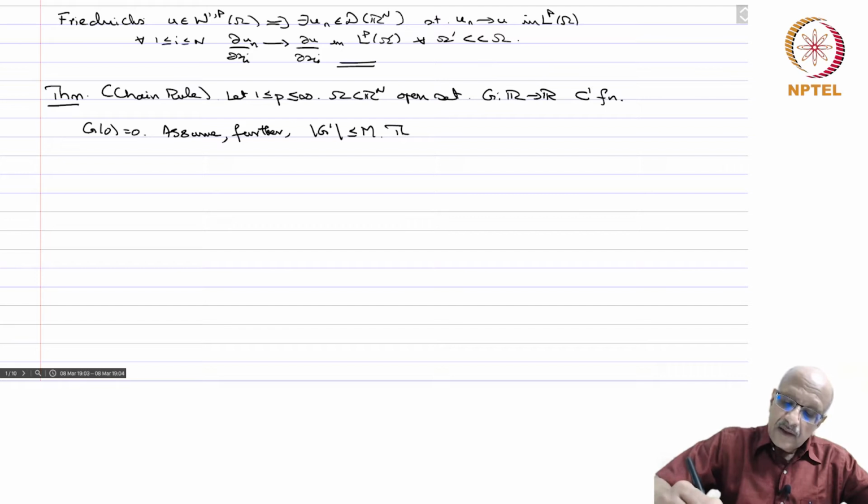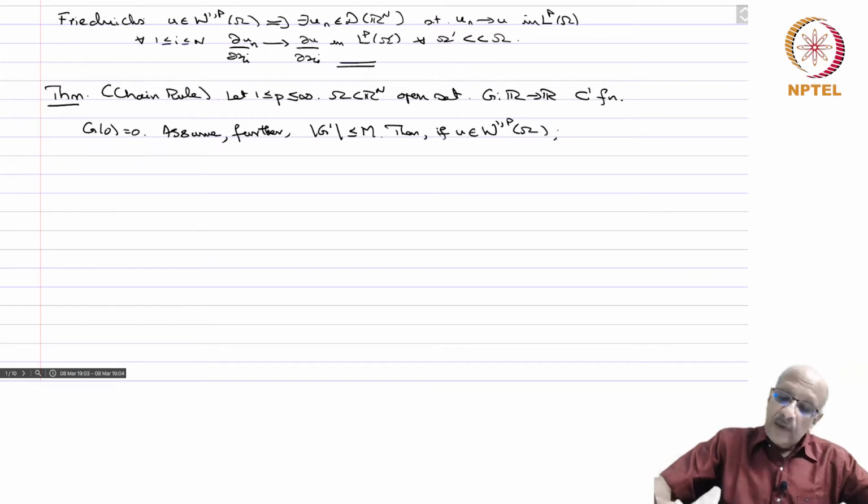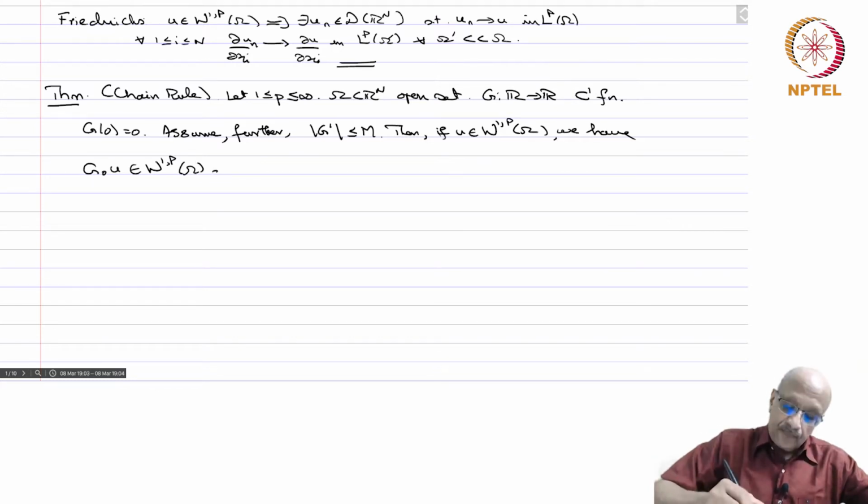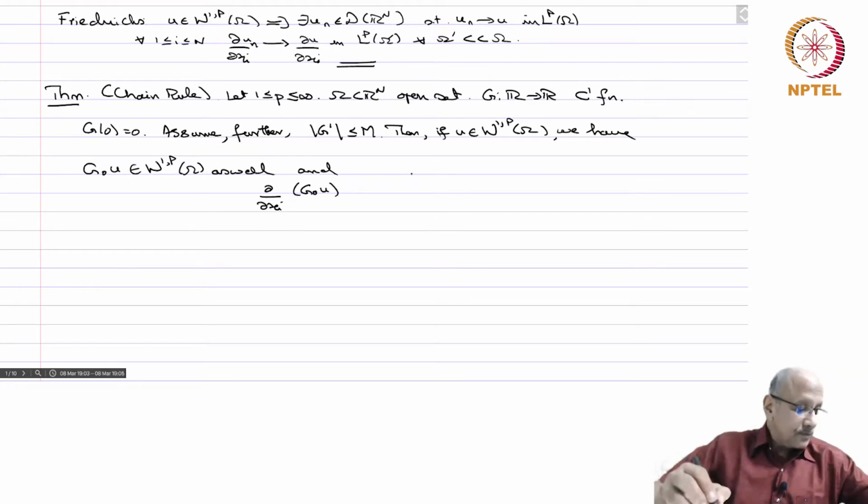Then if u belongs to W^{1,p}(Ω), we have g composed with u belongs to W^{1,p}(Ω) as well, and ∂/∂x_i of g composed with u is the usual thing. So you first differentiate with respect to whatever you have, and then differentiate the inside.